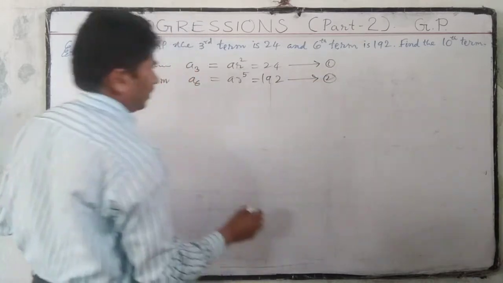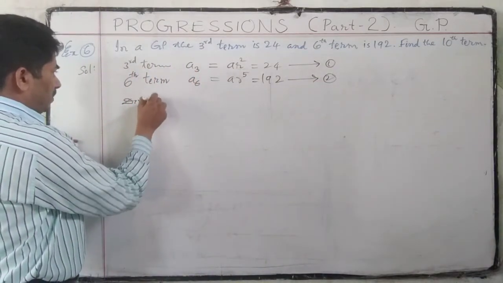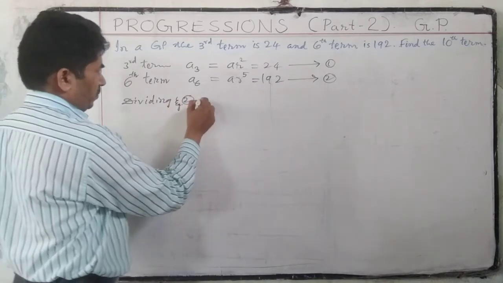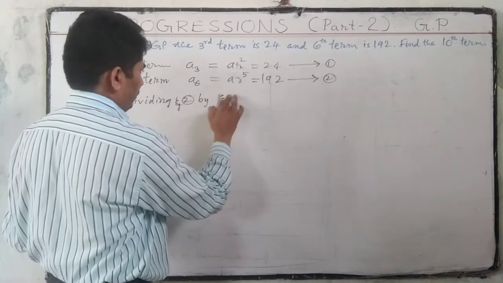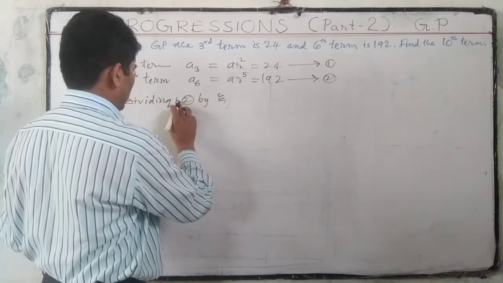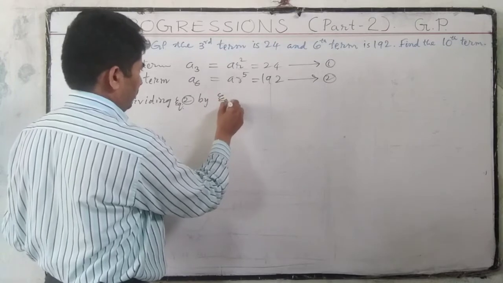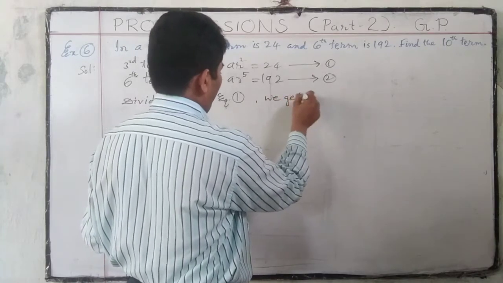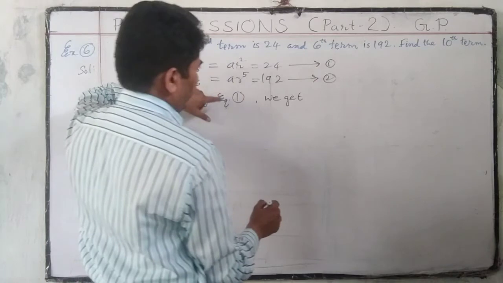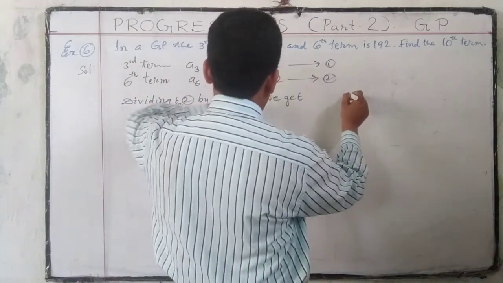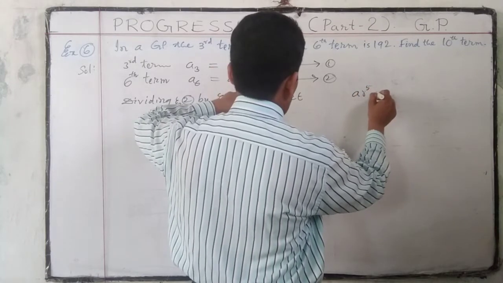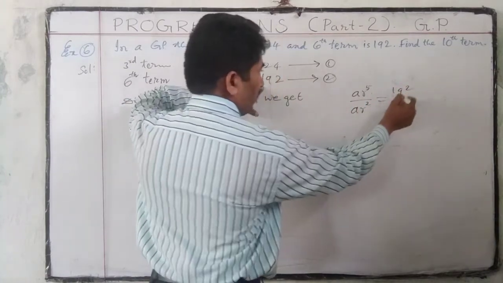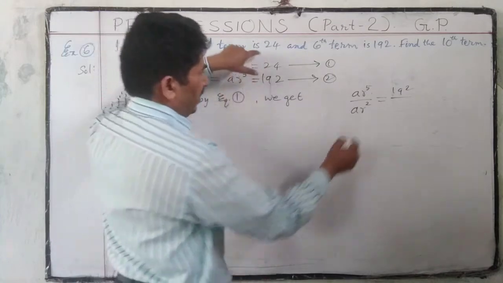Equation 2. Dividing equation 2 by equation 1, we get AR to the power of 5 by AR square is equal to 192 by 24.